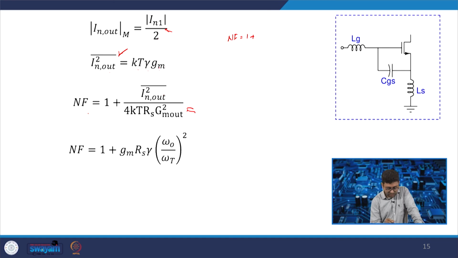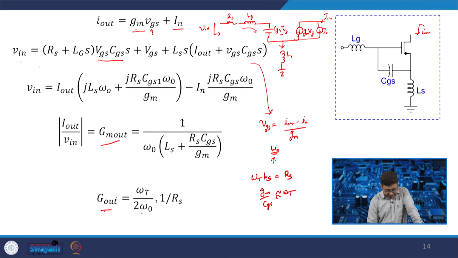If you try to put this value, the G out is nothing but omega t by 2 omega naught into 1 by Rs.